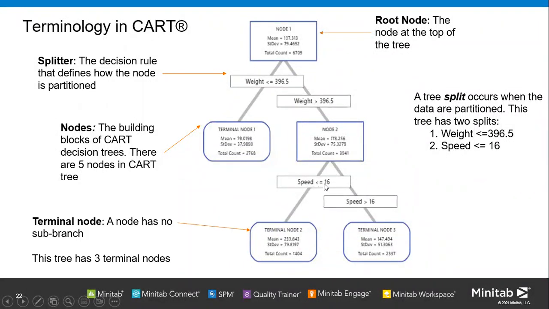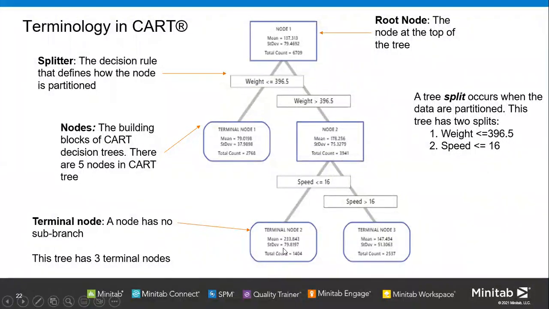The other thing we call the terminal node, which is something important for you. A terminal node is a node that has no sub-branch. Meaning, the terminal node is not split; it stops here.